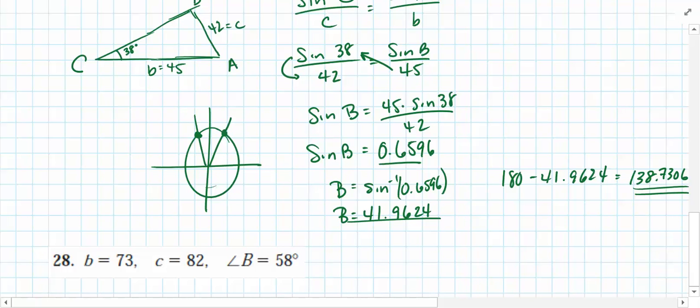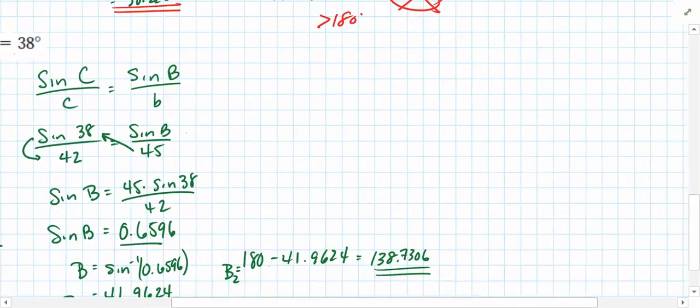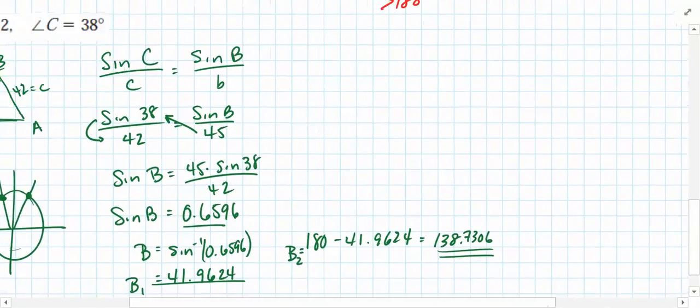So it is possible for B to occur in either value. So what I might do is label these slightly differently. I'm going to call this first option B1, and I'll call this next one B2, because there are two different triangles that are formed with these given data values.